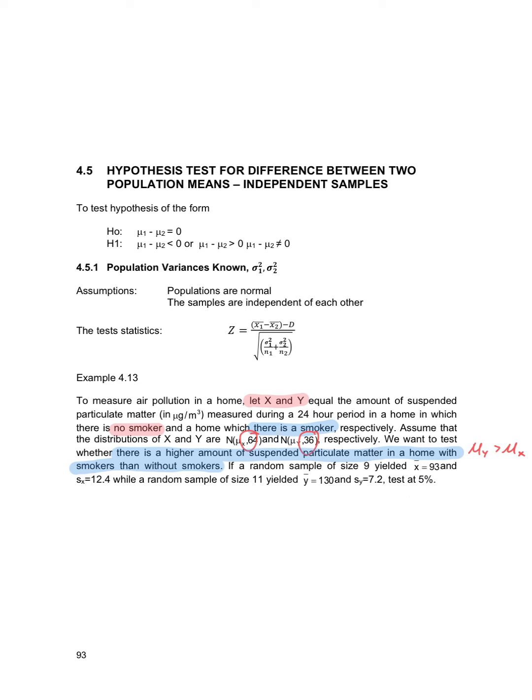Test at 5% significance level. Here they give the population variance for X, 64, and the population variance for Y, 36. They also give the sample standard deviations, 12.4 and 7.2, so do not make a mistake. We do not need to use the sample standard deviations, because we already know the population values. Looking at the formula, sigma 1 square is the variance for the population, so we will not use the sample values. They just give them to confuse you about whether to use the given variances or the sample values.